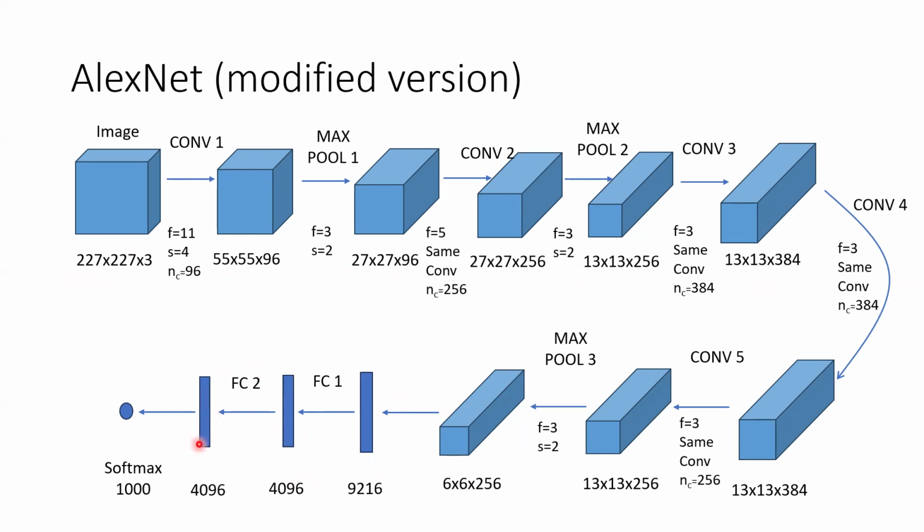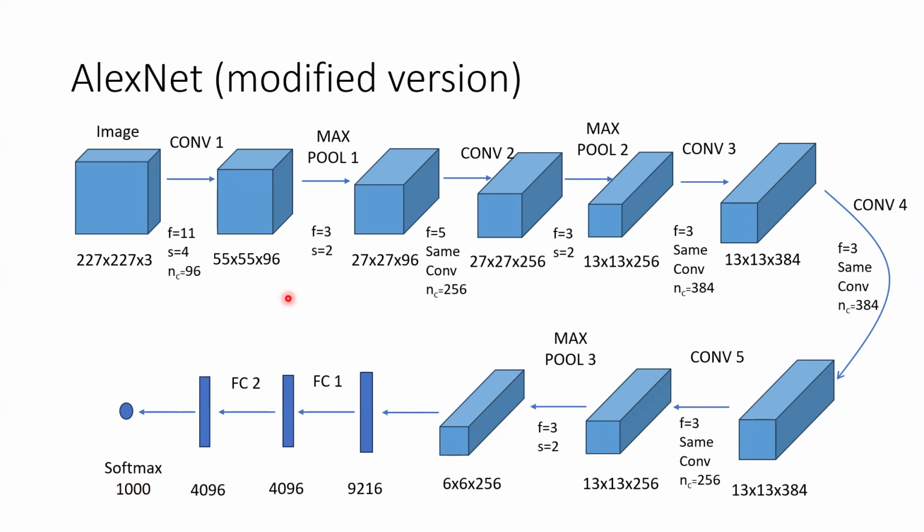Actually, the output of this layer is 9,216, right? So fully connected layer 1 is reducing this number of parameters into this number of parameters. Fully connected 2 is just keeping the same value. And then we apply the softmax layer, which is classifying the 1,000 classes.